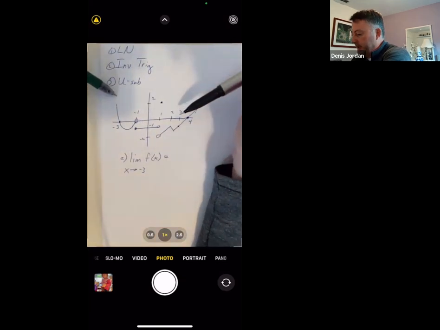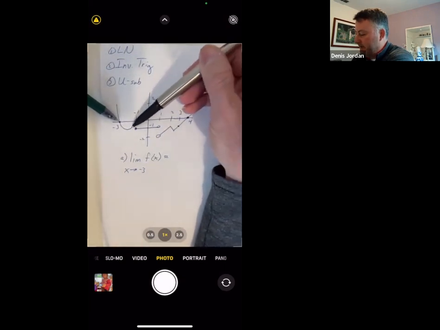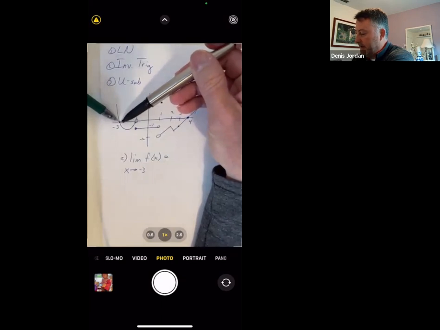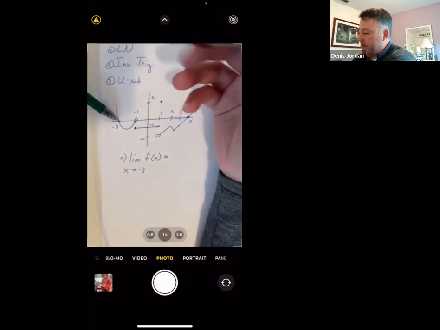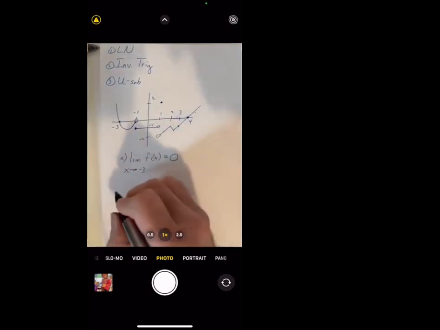So you're tracing from both sides of -3, from the left until you get to -3, and then on the right until you get to -3. And they both look like they're going to run into y equals 0.